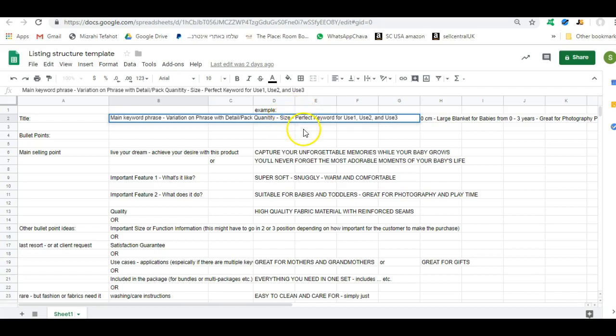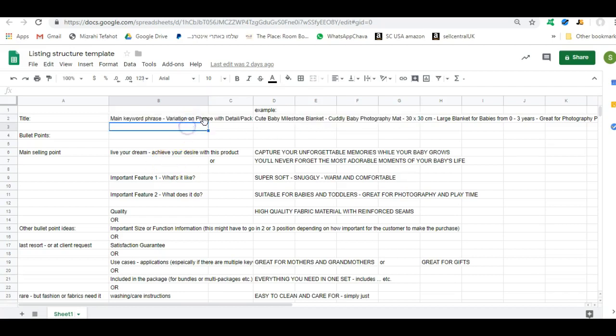On the end, I again use a variation of the keyword to identify the product, and I try to sell the customer a little bit. This is great for, or this is perfect for. I do stay away from the word perfect. It's very cliche, right? But at any rate, this is part of the finesse of writing.